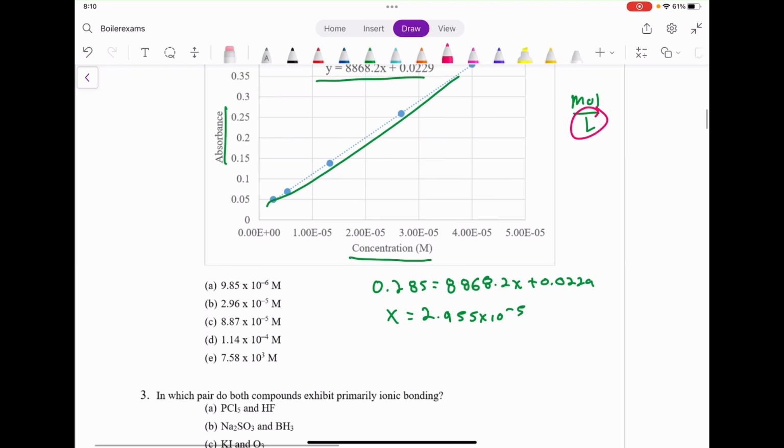So for the original sample, I need to take this number and multiply it by 3, because the concentration in a sample with 1/3 the volume is 3 times greater. Take your answer from previously, times 3, and you get 8.86651 times 10 to the negative 5th, which looks like C. 2C.